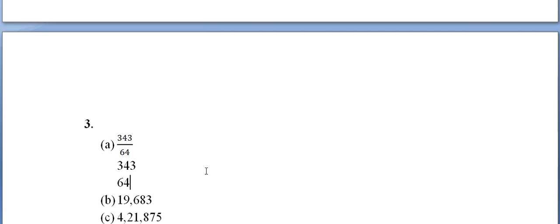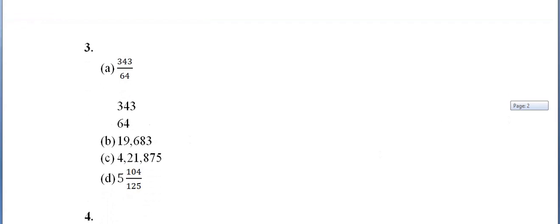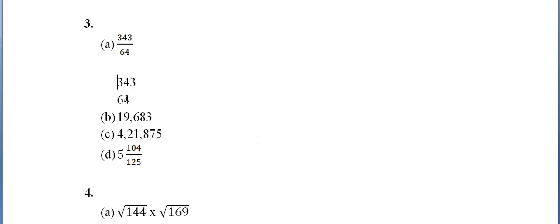I just want to tell you that this 343 and 64, as I can see from here, should be a cube root. So the first will be this 343. It cannot be divided by 2, first of all, because the last number is 3.